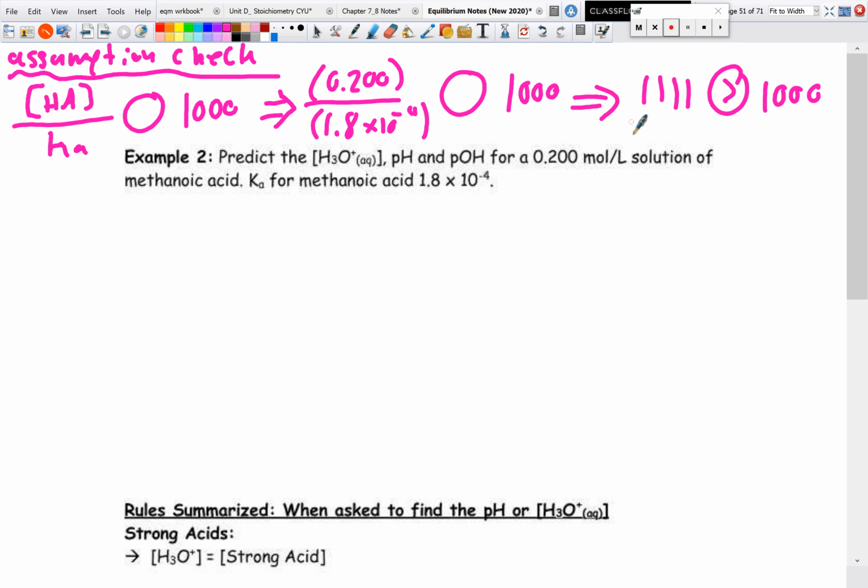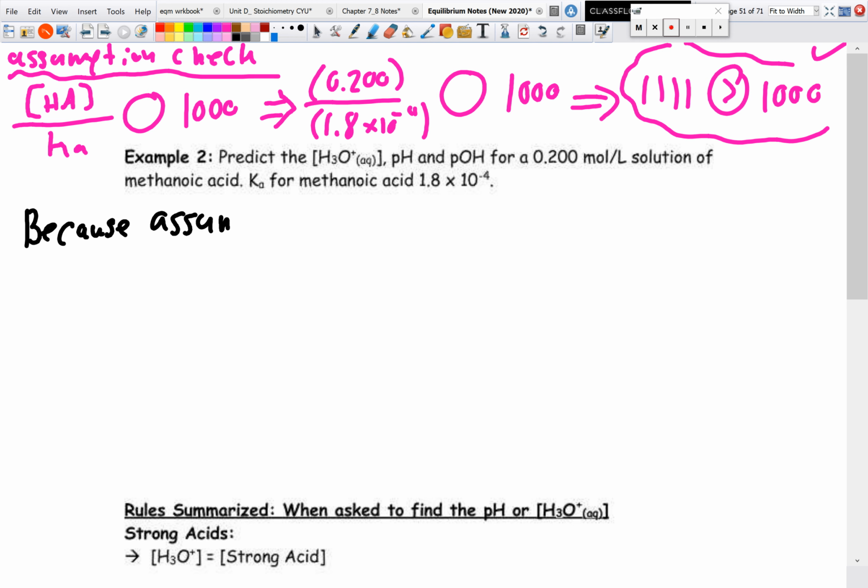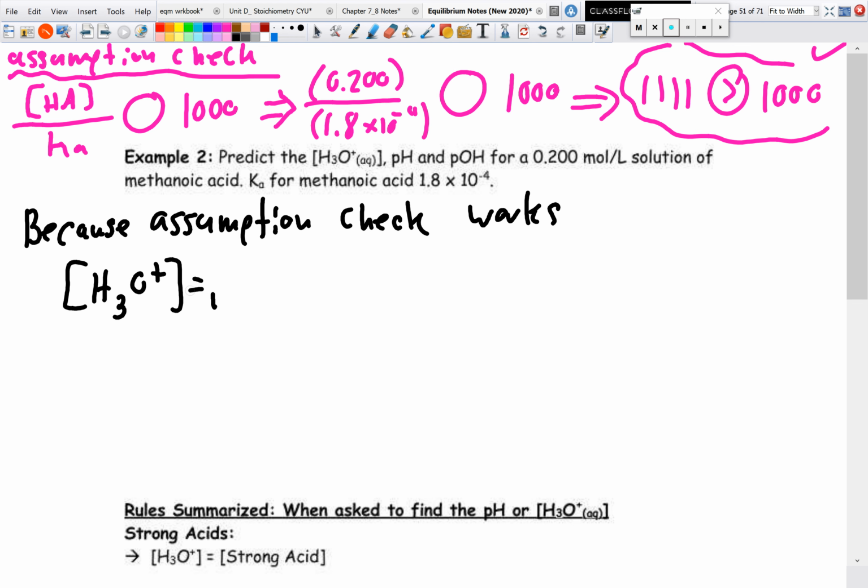So as soon as this assumption check works out, we can do this, because the assumption check works, we can go concentration of hydronium is the square root of Ka times the acid.